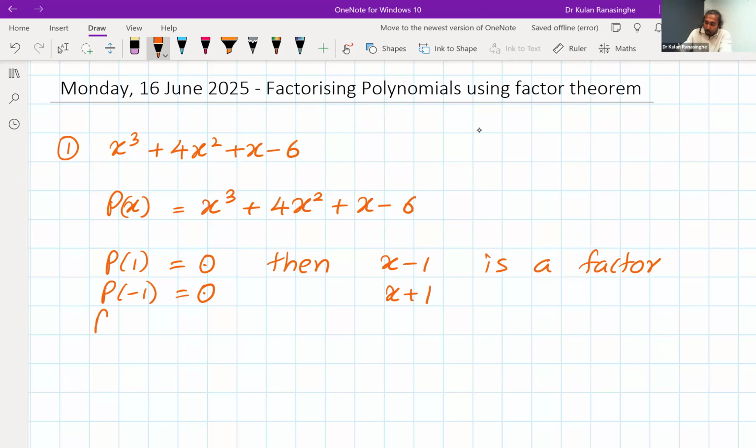If P(2) equals 0, then x minus 2 is a factor. If P(negative 2) equals 0, x plus 2 is a factor. Now you can see I'm using a pattern: 1, negative 1, 2, negative 2, 3, negative 3, merely because I just don't know what my factor is. I'm going to start off with easy ones first and build up.